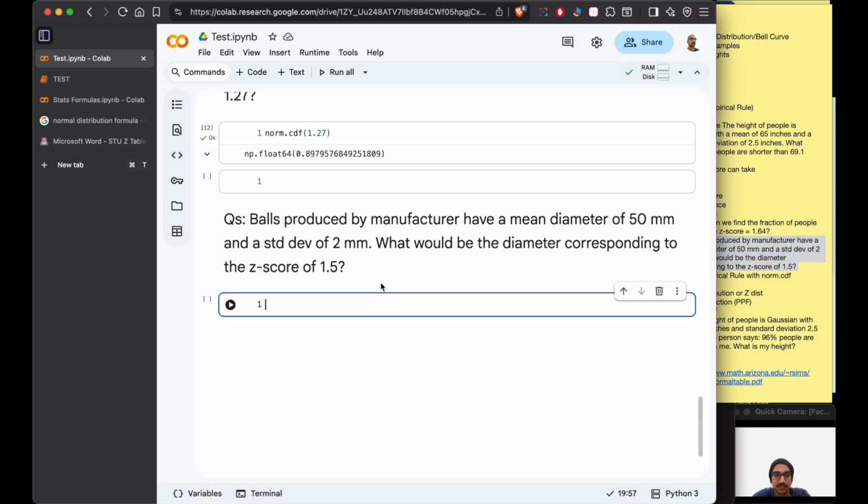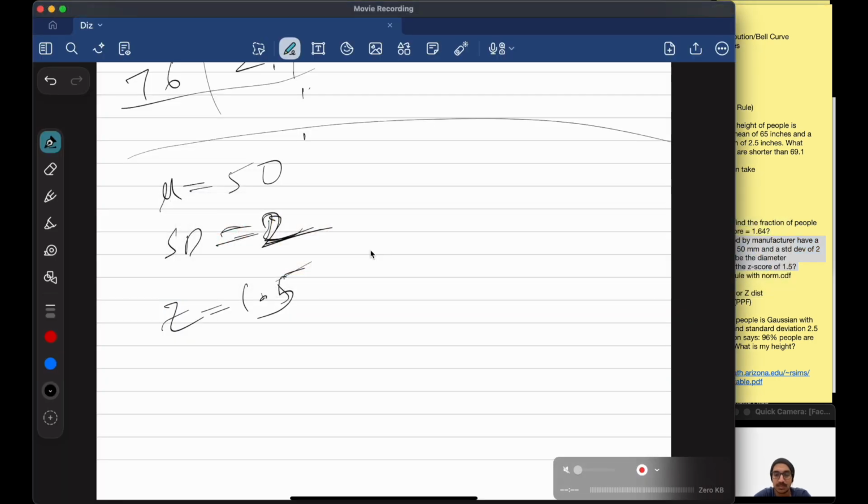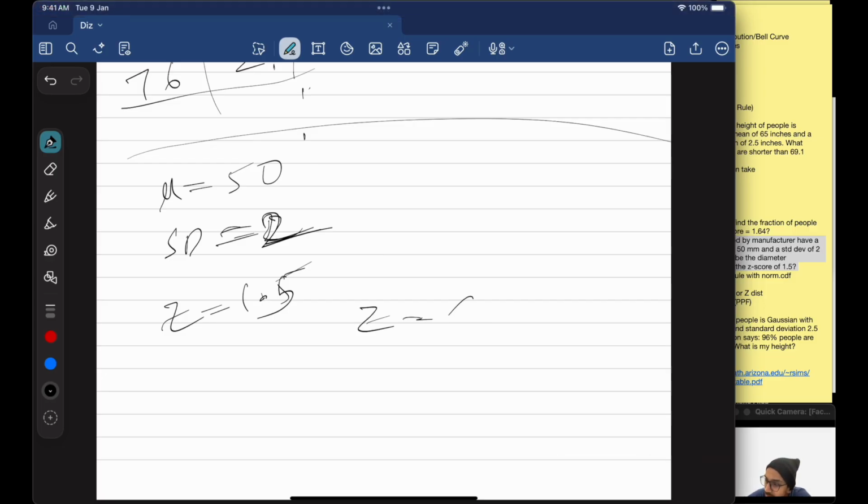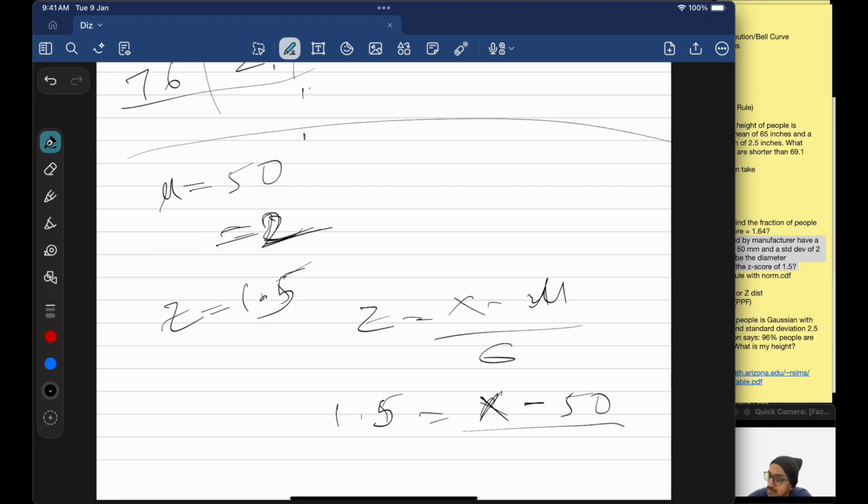Again, this is pretty straightforward. We can directly use the z-score formula, which is z equal to (x minus mu) divided by sigma, right? So we have z 1.5. The x is what we have to find. Mu is 50. Sigma is standard deviation, which is 2.